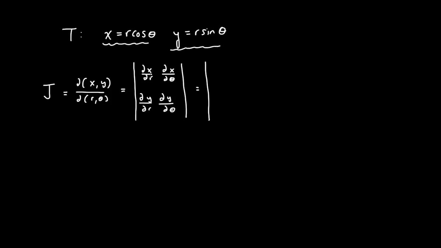So the partial derivative of x with respect to r is the cosine of theta. The partial derivative of x with respect to theta is going to be negative r sine theta. Now let's do the y function. The partial derivative of y with respect to r is the sine of theta, and the partial derivative of y with respect to theta is r cosine of theta.